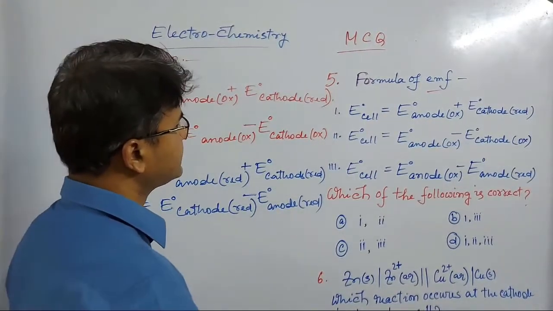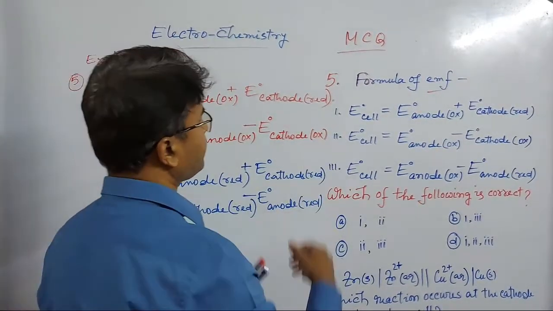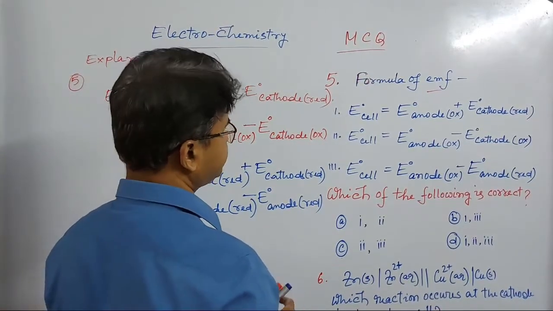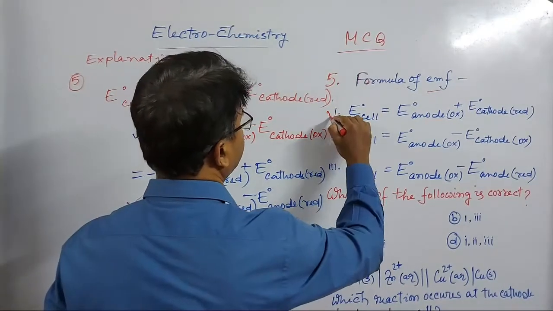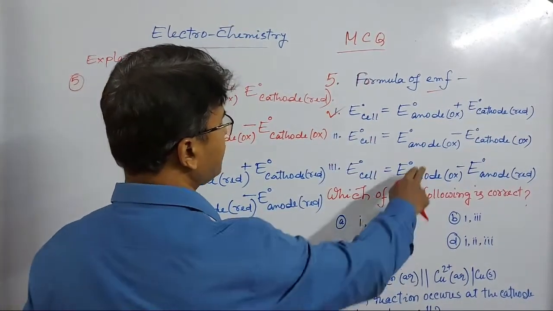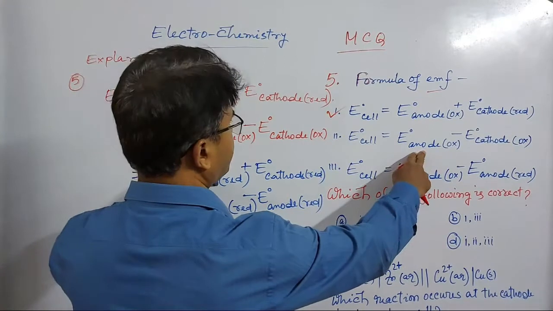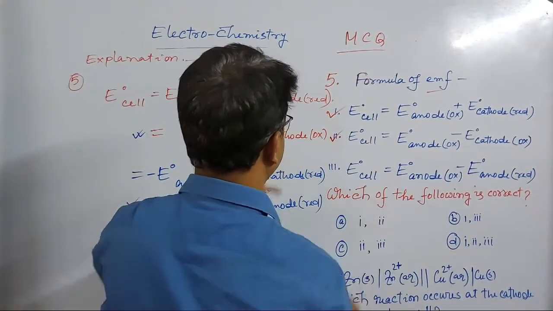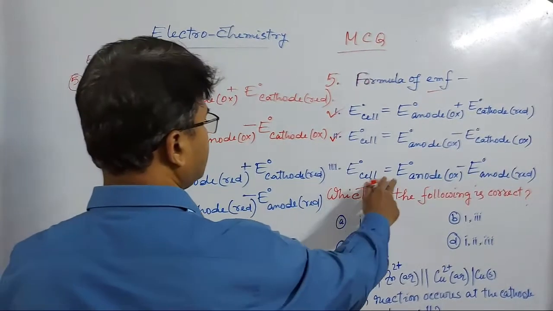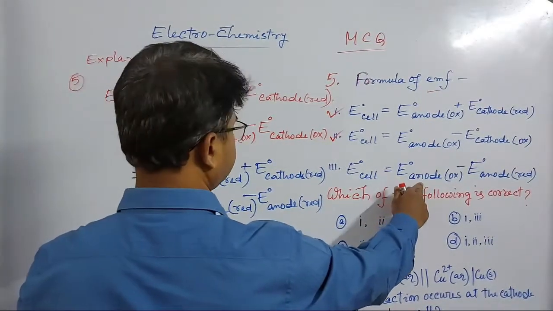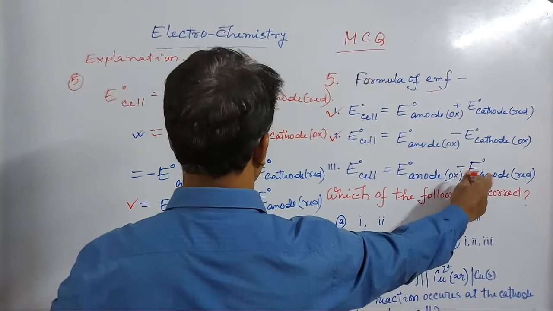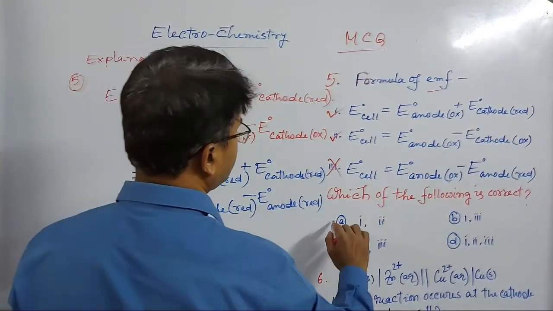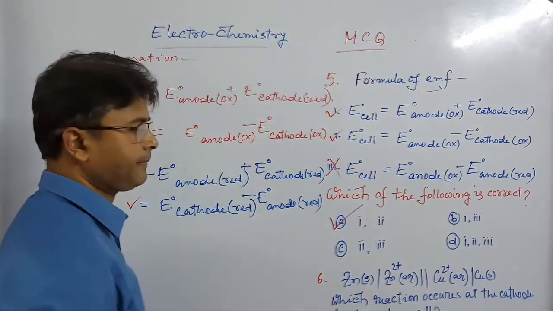So dear students, if you look at the question, you will see that the first one is right, and the second one, anode oxidation and cathode oxidation also, is right. Third one, anode oxidation minus anode reduction, is wrong. So my answer will be choice A.